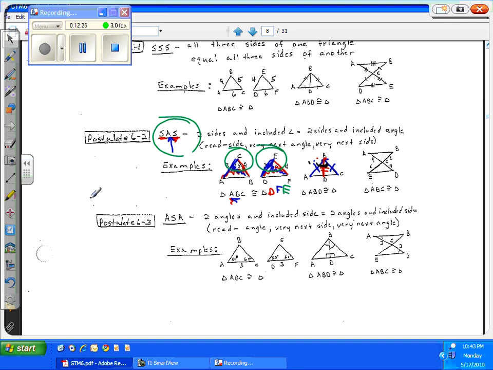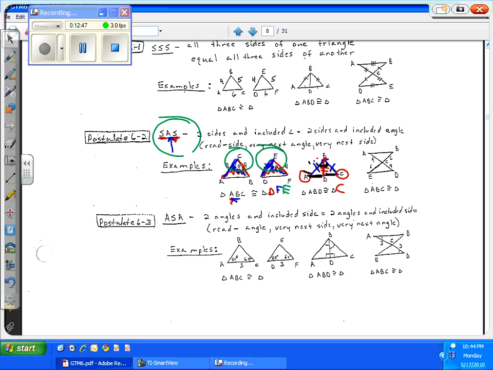Angle A was opposite the red side, so it goes with C because it's opposite the red side. B is opposite that.